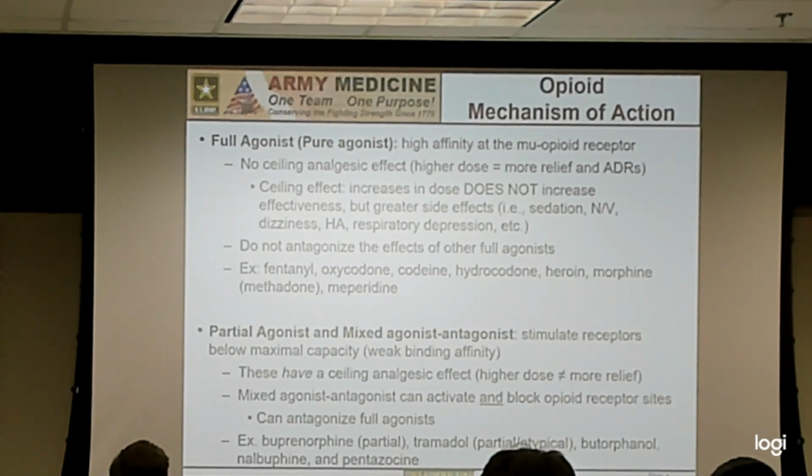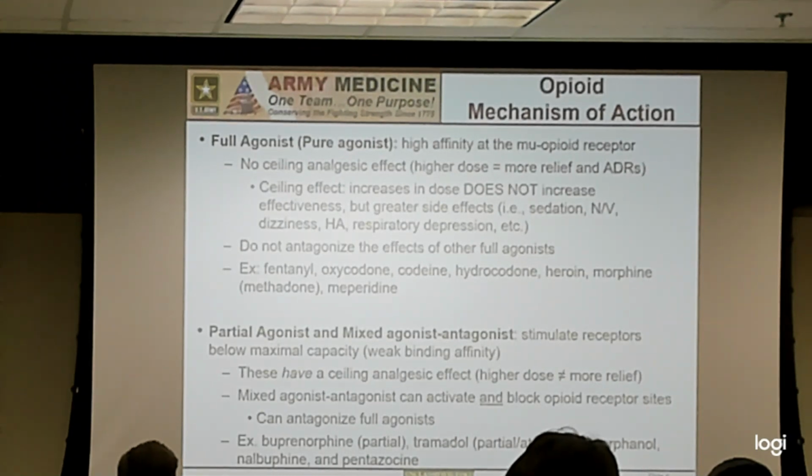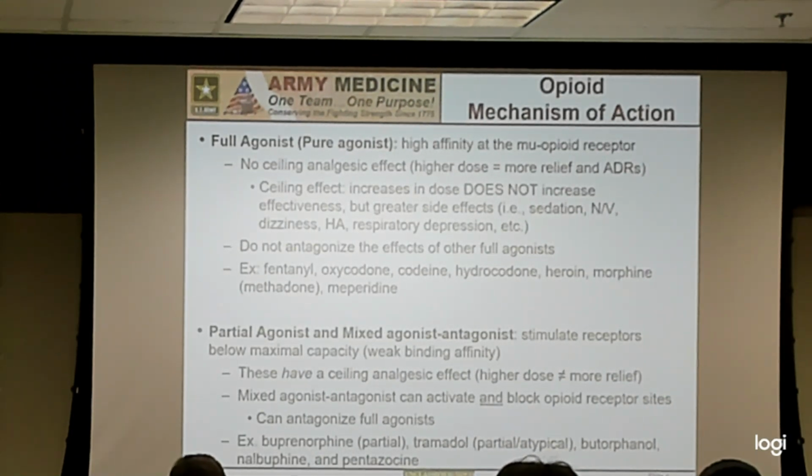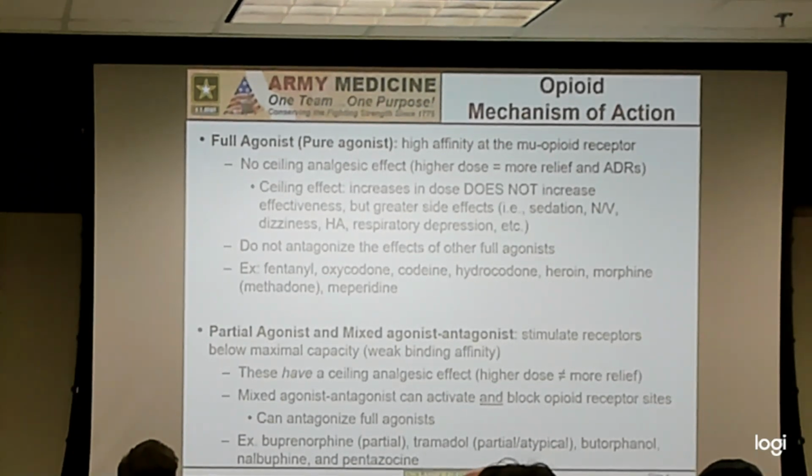So examples of a partial agonist are going to be your buprenorphine and your tramadol. And then the other ones, your butorphanol, your nalbuphine, and your pentazocine, are all what you would consider mixed agonist/antagonist. Okay? Just refer back to this to get a clear picture of what's going on, because this is very confusing when you try to read up on it outside, which is why I spent too long doing this yesterday.